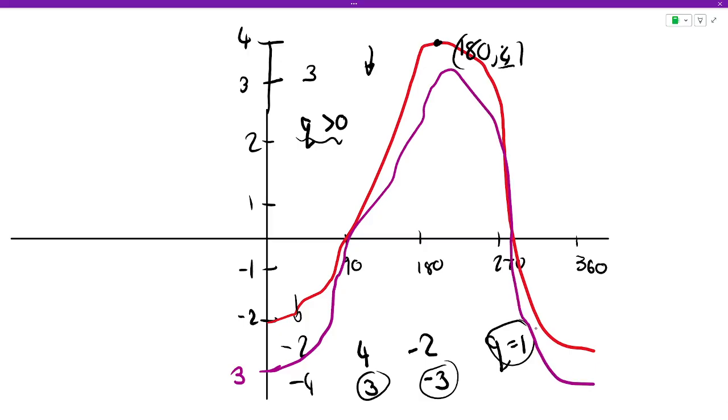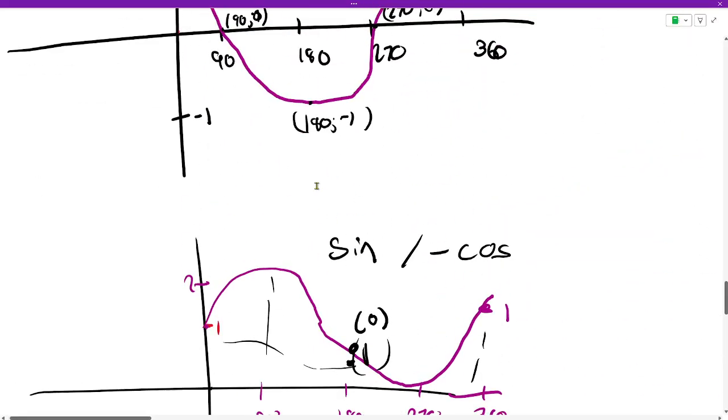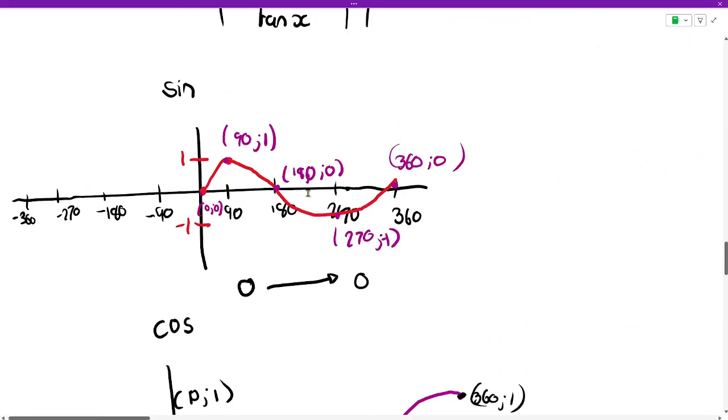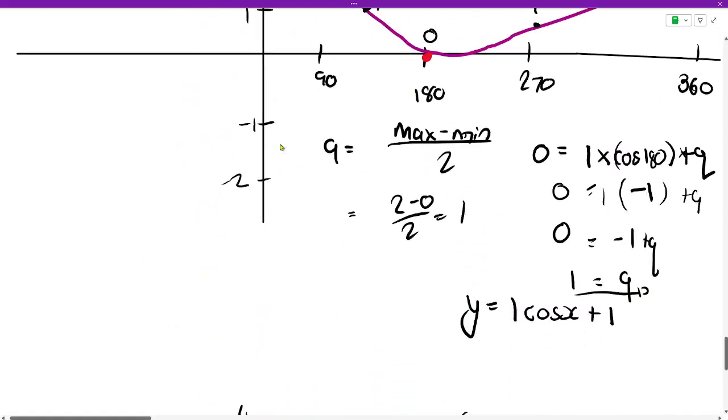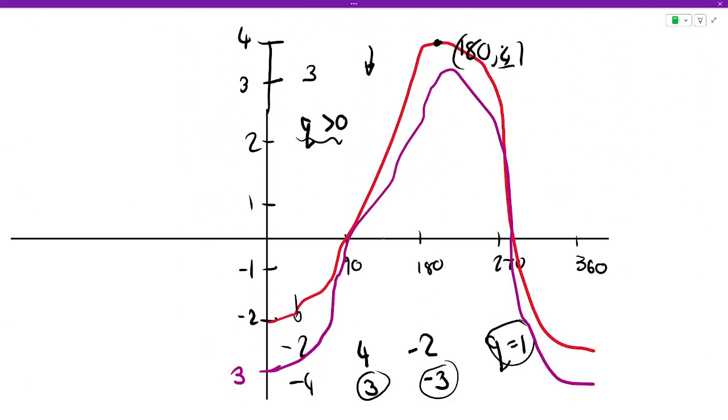Right. Now, who can tell me the one property of a sine graph? By 180 it hits 0. By 90 it's over 0. 180 and 360 are 0. Now, here, by 90 it's 0. By 180 it's not 0.